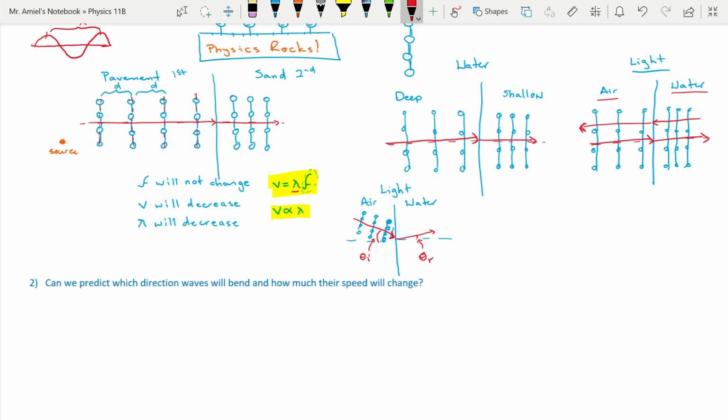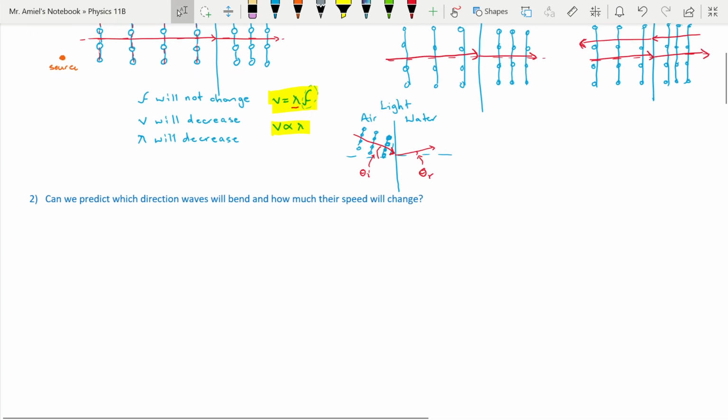Okay? So we can come down and ask this next question. Can we predict which direction waves will bend and how much their speed will change? Well, let's have another look.